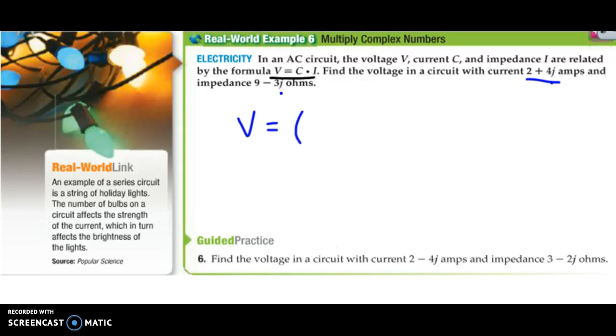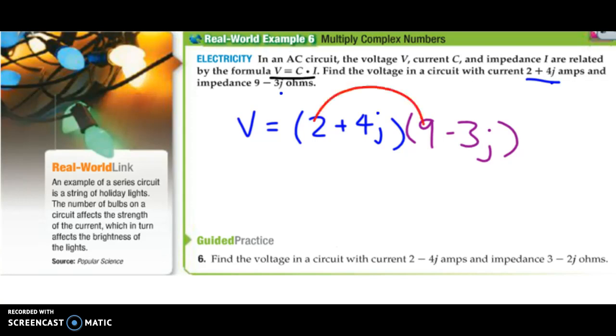So our current is equal to 2 plus 4i. Okay, in this case it's j, but we'll make that j real quick. And then my impedance is 9 minus 3j. Okay, and so how do I do this? I just have to basically use my FOIL method.